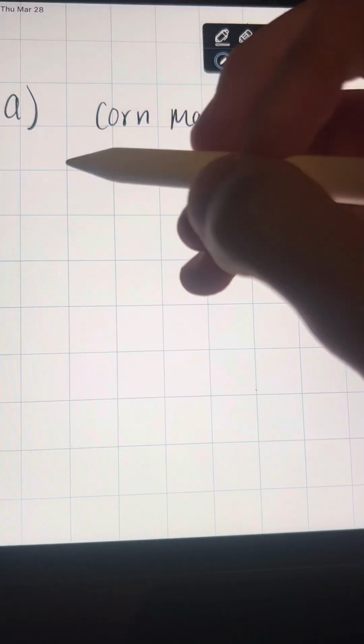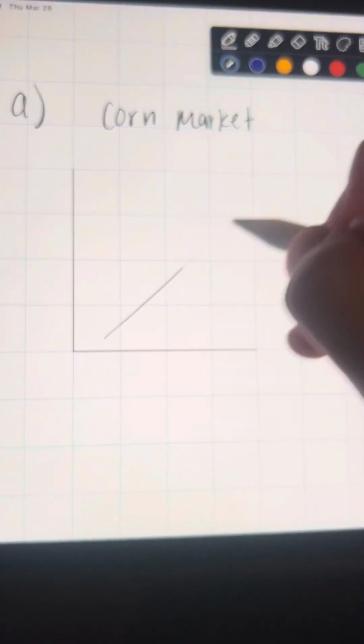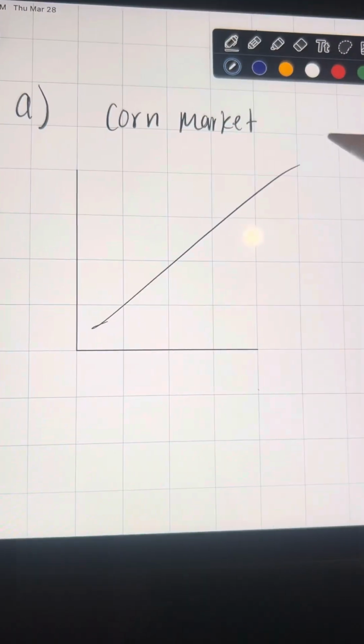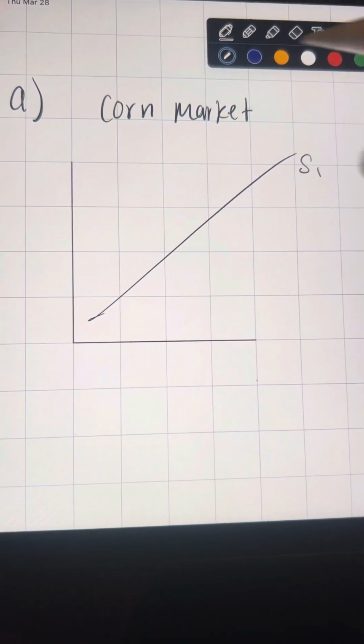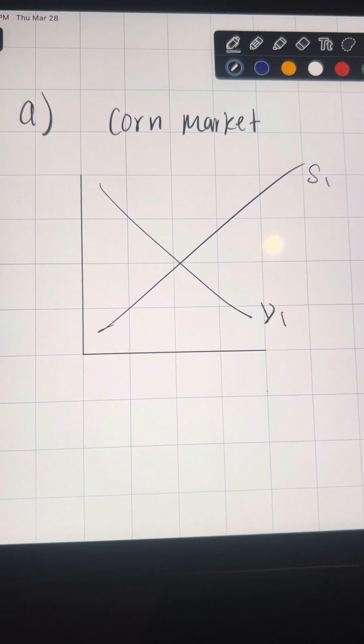and this is just gonna look like a standard supply and demand curve that we all know and love. So supply is upward sloping, demand is downward sloping.